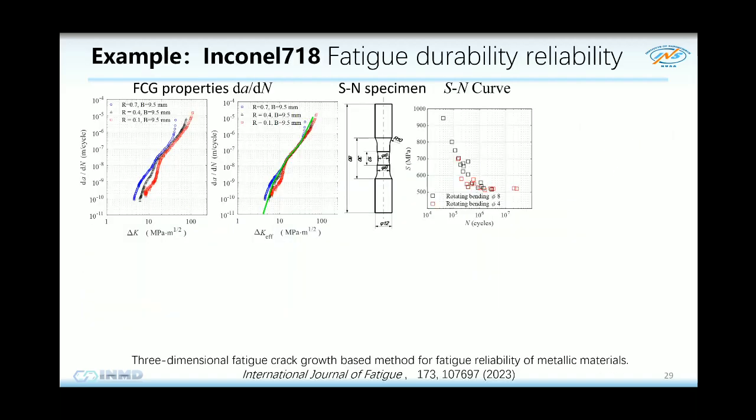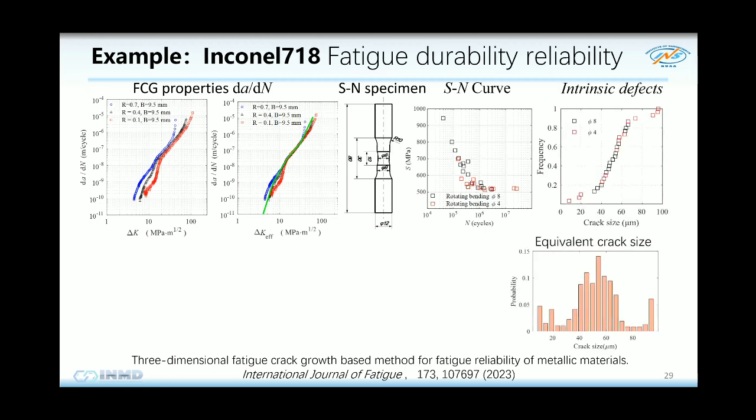And this will show how to unify the fatigue and fracture mechanics database. This is the S-N curve of the material. We can use them to analyze the intrinsic defect distribution, and this way we find the equivalent crack size distribution in all the new materials, new structures.